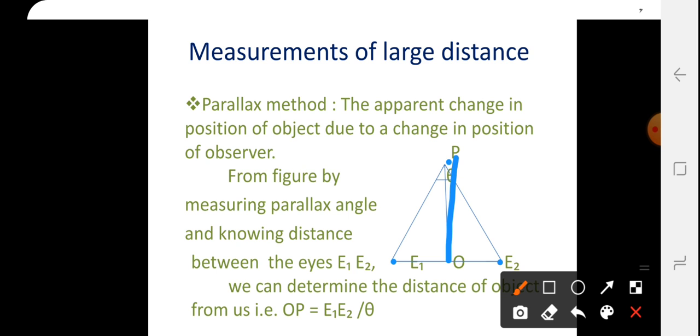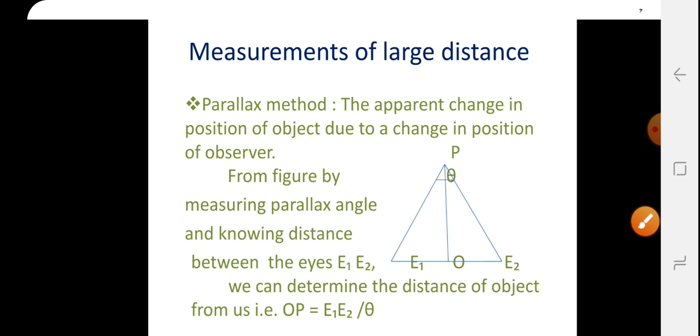Due to the change in position of the eyes, the direction changes, and therefore we get an angle theta, called the parallax angle, like a plane angle.